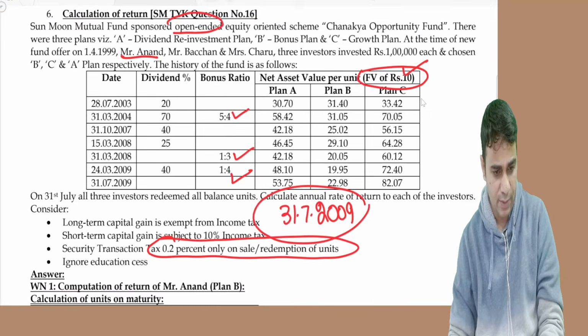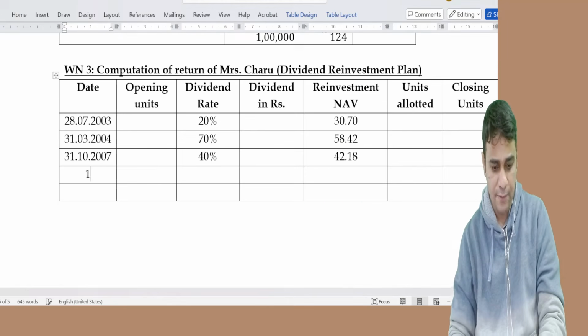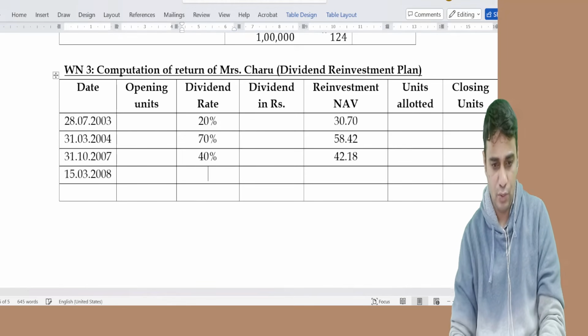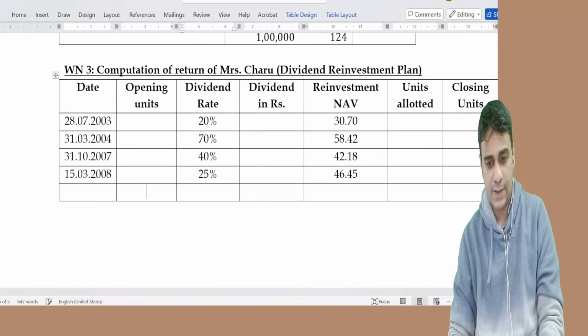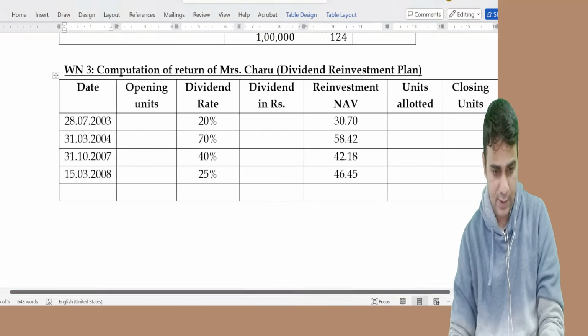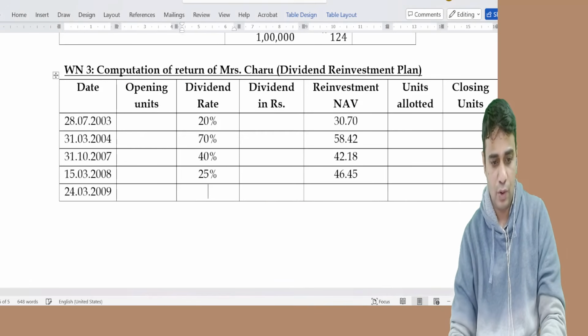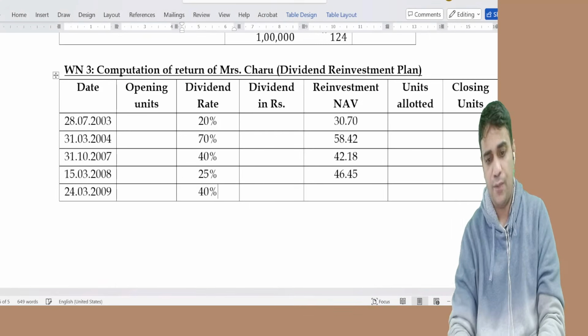It is a time-consuming calculation. 15/3/2008, 25%, 46.45, and the last one is 24/3/2009, 40%.